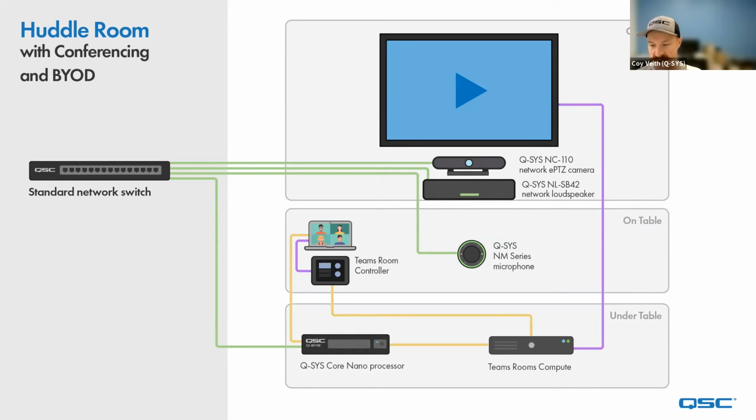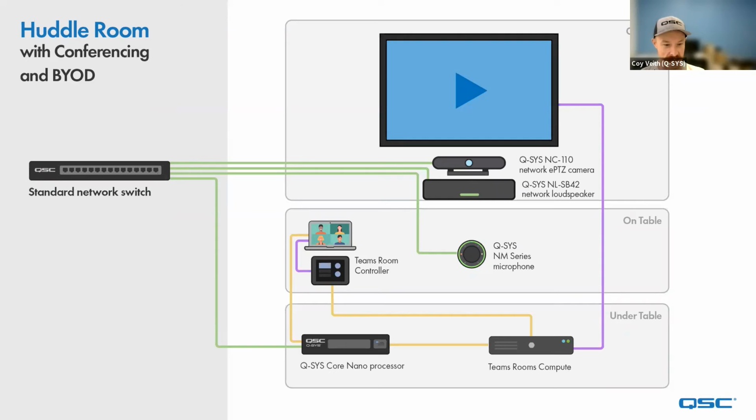However, the USB-B takes a priority over the USB-C. So the way that works is in this system, this Teams room compute would need to get tied to the USB-C port on the Nano, and then the guest laptop would be tied to the USB-B, so that if a guest comes in and plugs in, it will automatically take over that USB function from the Teams room compute.